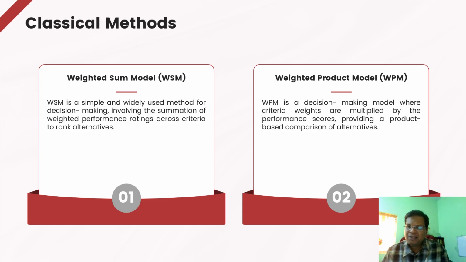Another simple method is the weighted product model, WPM. WPM is a decision making model where criteria weights are multiplied by the performance score, providing a product based comparison of alternatives. So one is on the basis of summation, another is on the basis of product. So these are the two classical methods.